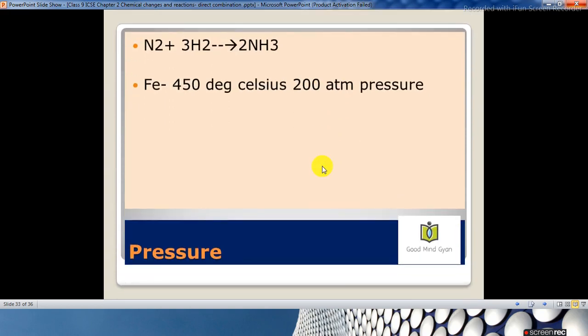Nitrogen gas and hydrogen gas, when they come together, you get ammonia. Here you are applying a pressure of 200 atmospheres and using iron at 450 degrees Celsius. Applying all these conditions, the reaction will occur and you will get ammonia gas.